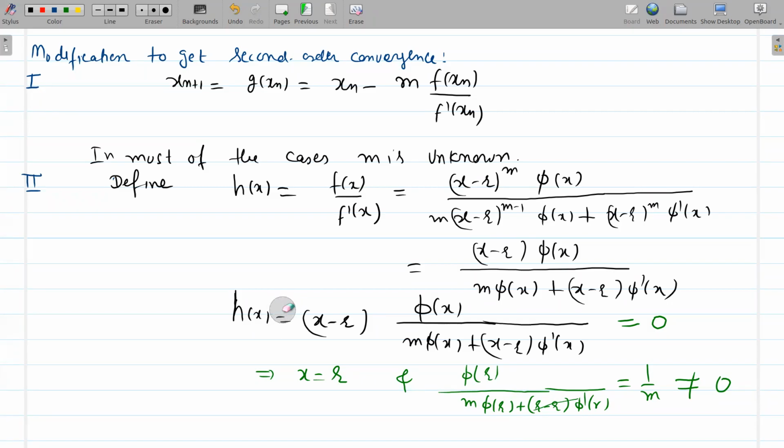So rather than applying Newton's method on f, we apply Newton's on h(x) to get quadratic convergence.